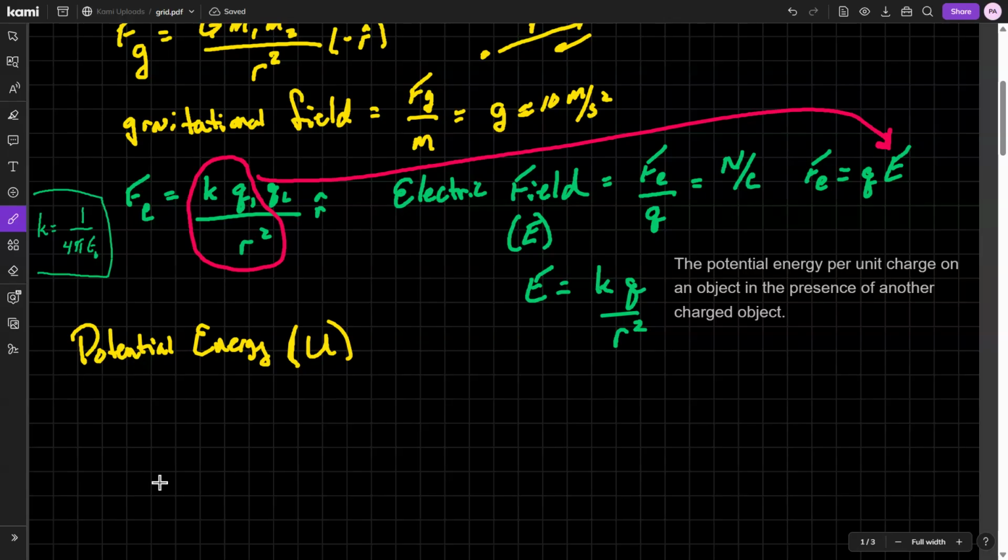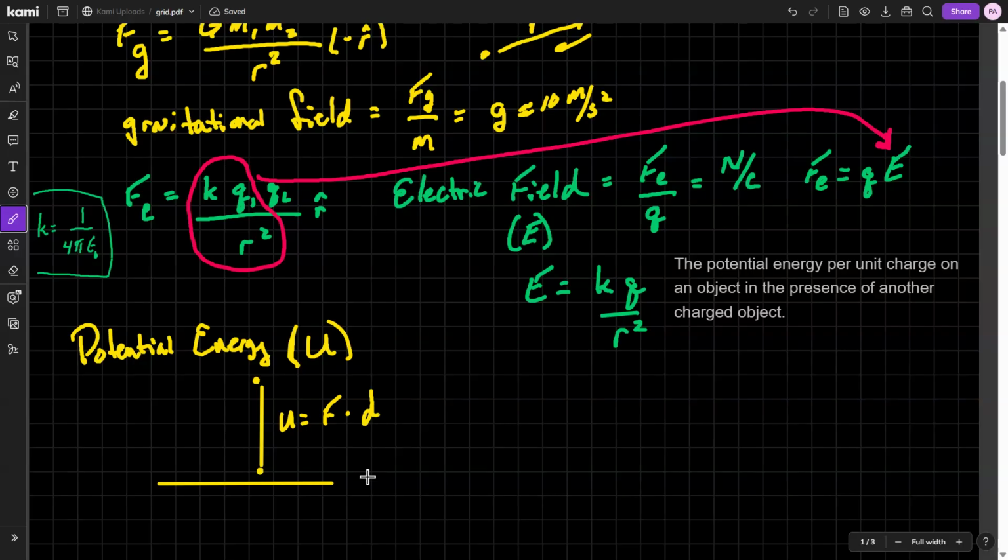If we have some ground level, and we have an object here, and we move it here, what we've done to measure that potential energy, U equals the force it took to move it there times the distance.